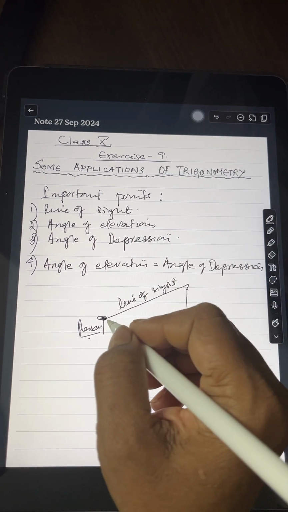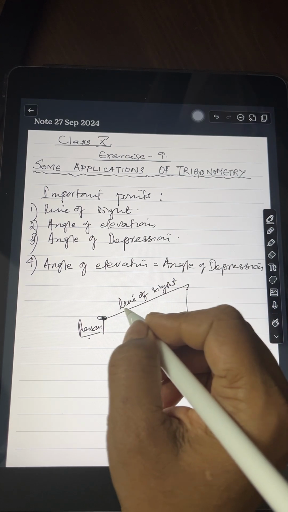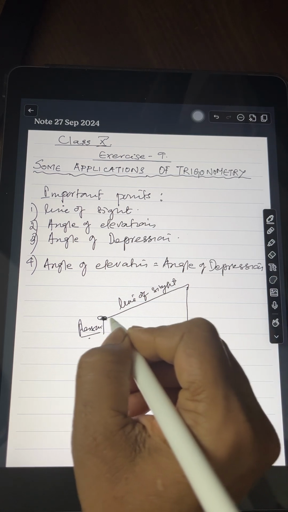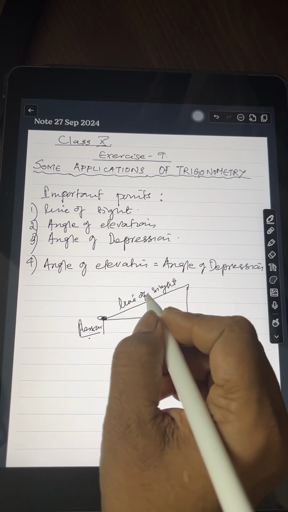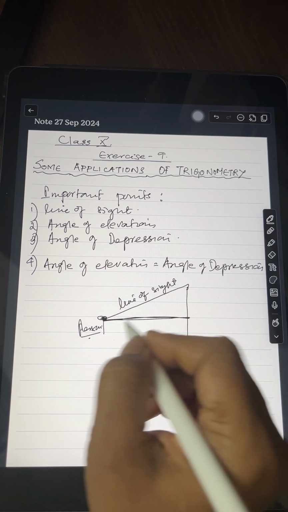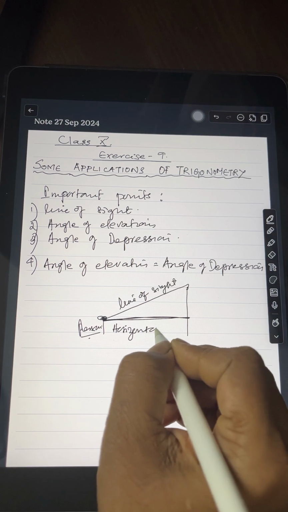If he sees from bottom to top, it is called elevation. This is the line of sight. And what is this line called? This line is called the horizontal line.